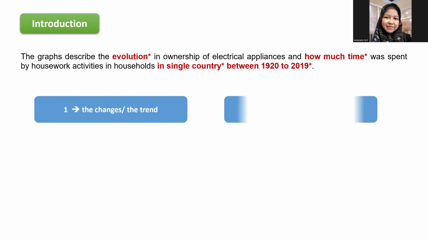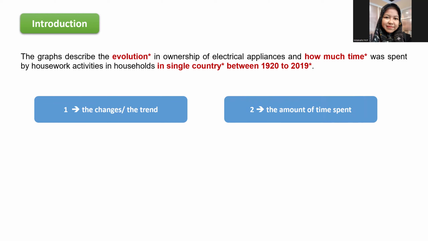Okay, the second one is how much time. Well, actually, I do understand what it means, but it would be better if you use the amount of time spent. The amount of time spent.